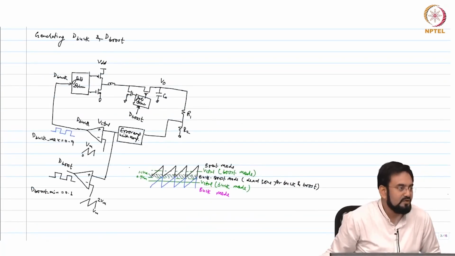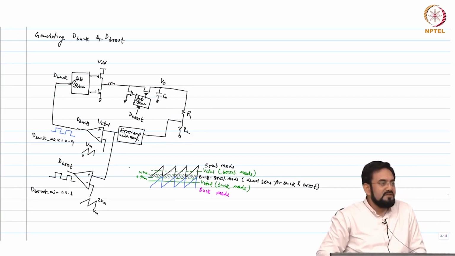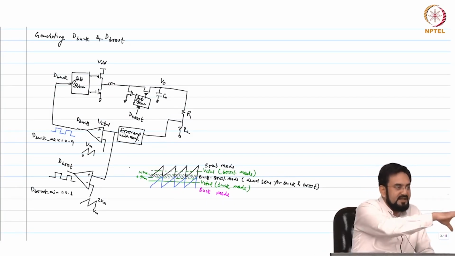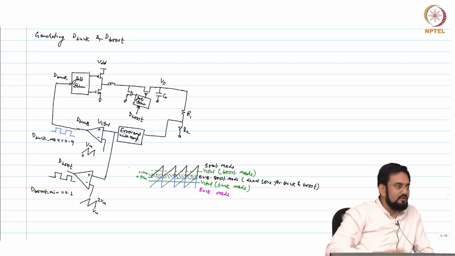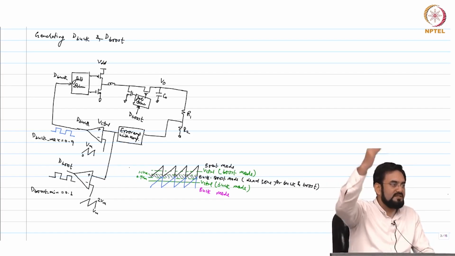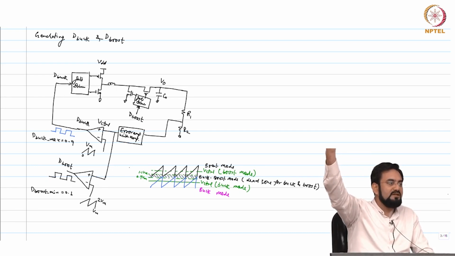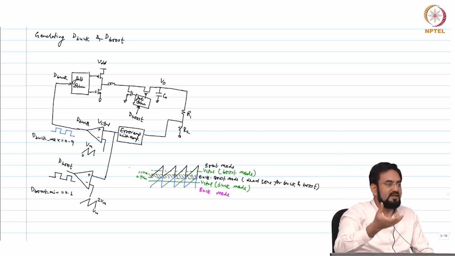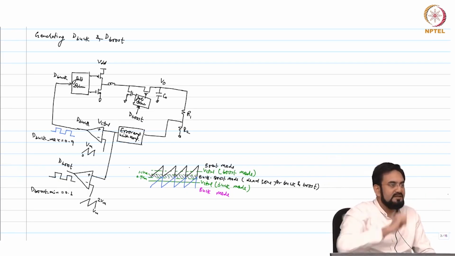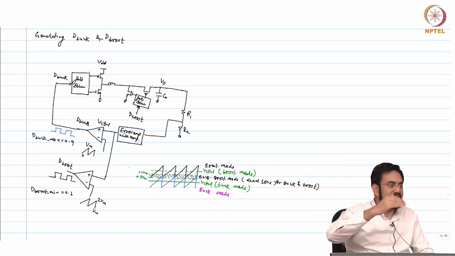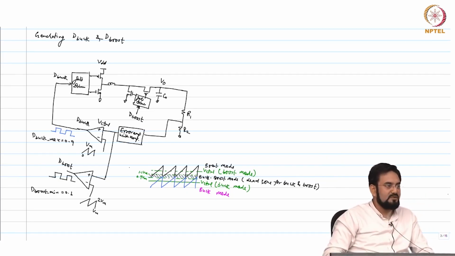You already have V control. After V control reaches 0.9 VM, you feed it in an ADC and generate the code. You know the range from 0.9 VM to 1.1 VM, that is already known. So you can resolve where the V control is and generate the code. So you will get the code.